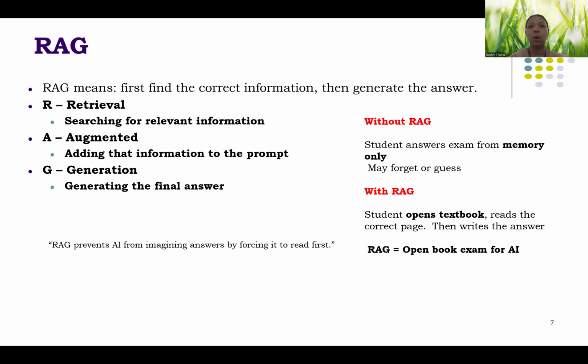It is not only using the content it learned, the pre-trained content; it can also get the correct information. That is the actual use of RAG. Retrieval means it is going to search for the relevant, correct information, and then that information is added to the prompt and given to the LLM. The LLM will then answer in a human-like way.